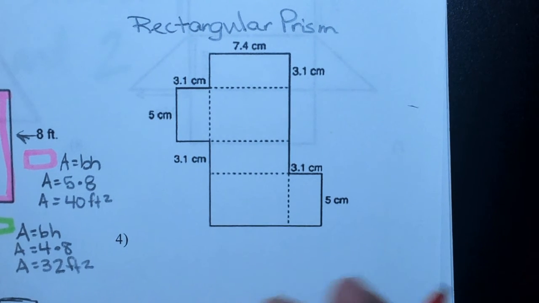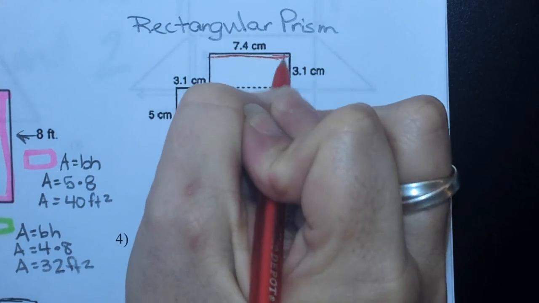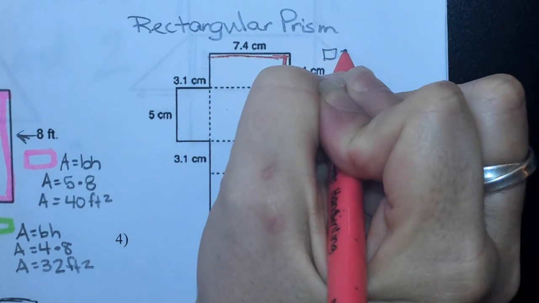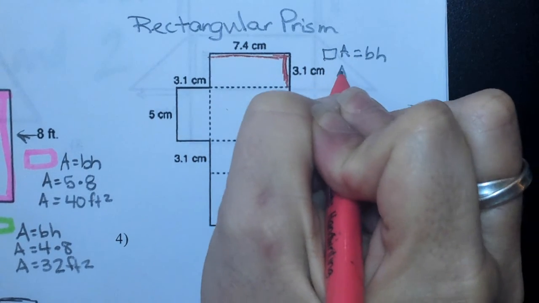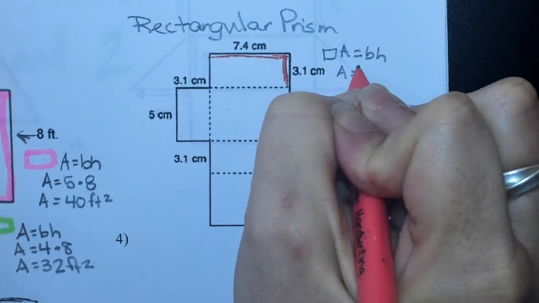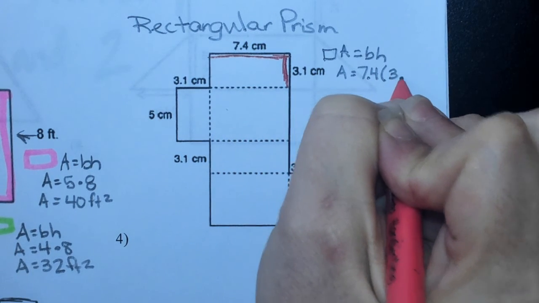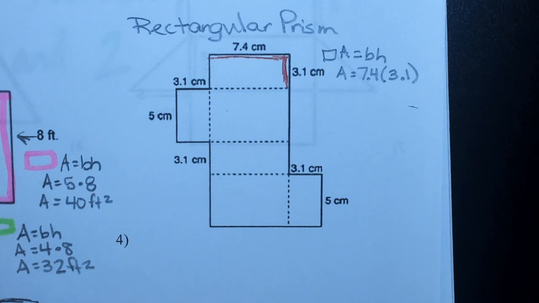Okay, the top box, this rectangle, is a 7.4 times 3. Okay. Now, you cannot skip the decimals, or it is all incorrect. Well, to be honest, yes.